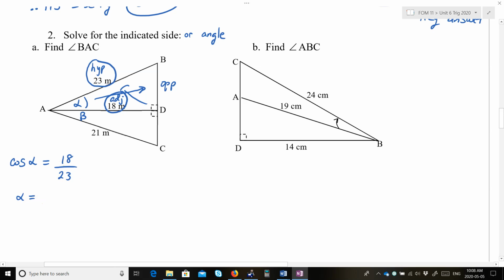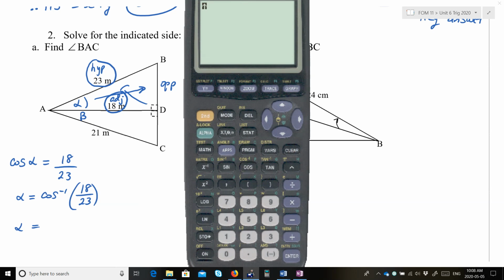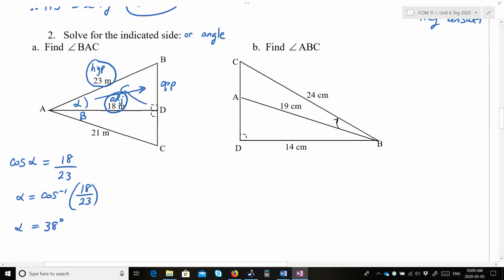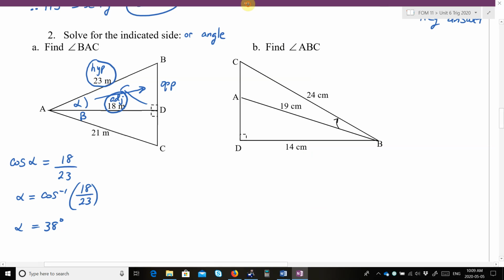And remember how to get the angle: you have to go cos inverse of 18 over 23. So you go shift cos 18 over 23, and that is about 38 degrees. I notice the answer key goes to 1 decimal place, so let's say 38.5 degrees.